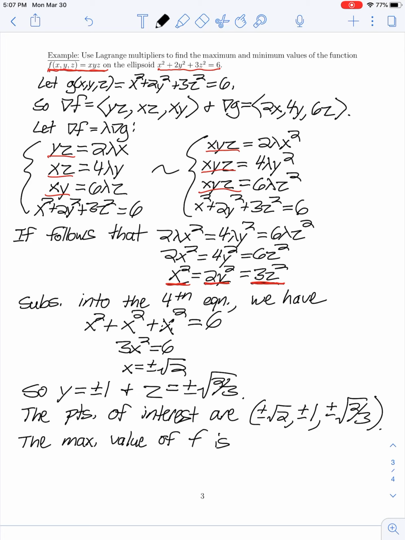So here we find the maximum value of our function f.